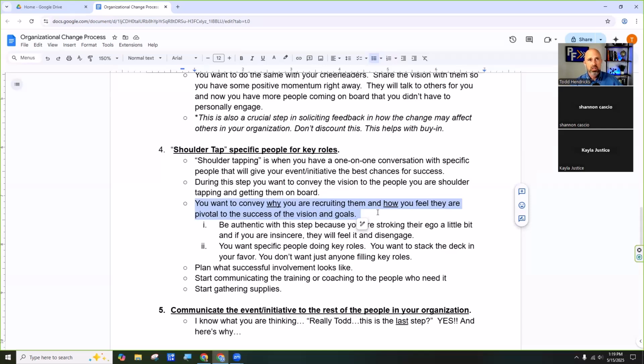Now, is this blowing smoke? No, because you've thought about this. You're being intentional and purposeful with the people that you're talking to. And Marissa is pivotal in this thing coming through. So absolutely. Are you playing to people's egos a little bit? Sure, maybe. But you're not lying to them. You really need them because they're good at that skill or whatever it is that they're doing.